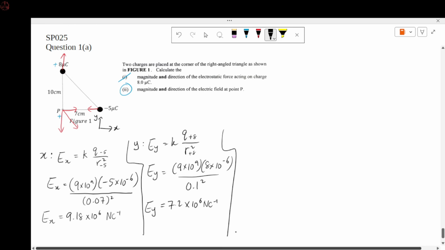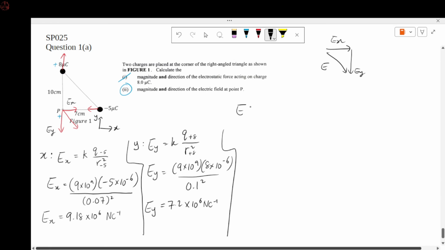Now we have found EY and we have found EX. We have to combine them. In order to find the resultant electric field, we use Pythagoras' theorem.